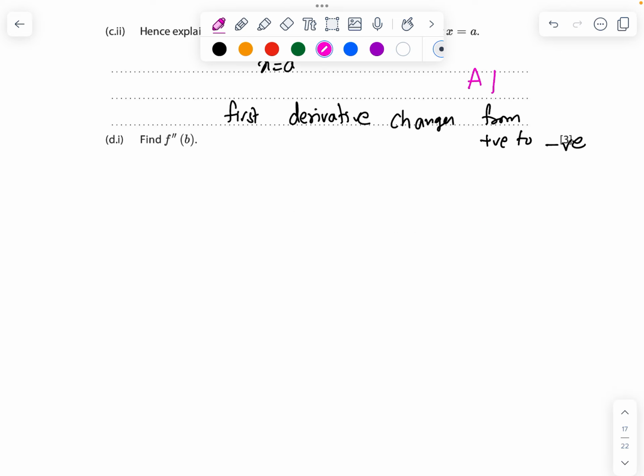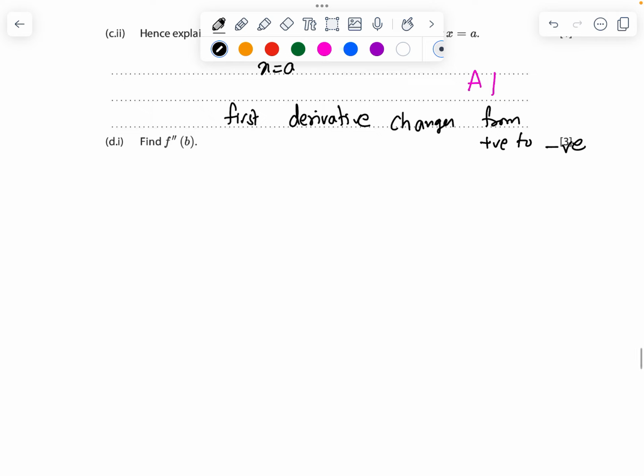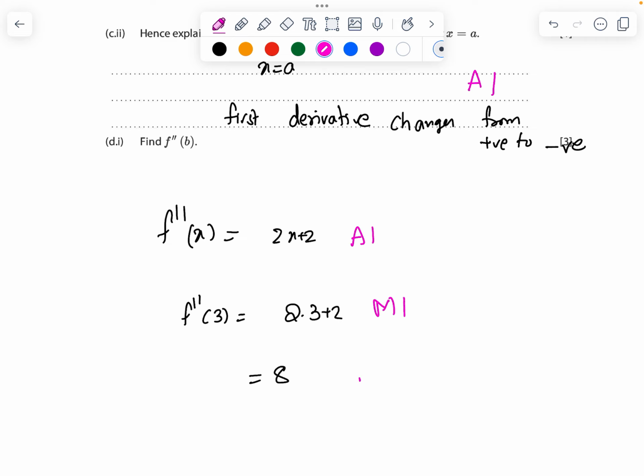Next, f prime of b. So f double prime of x will be equal to 2x plus 2. So f double prime of 3 will be equal to 2 times 3 plus 2, which is going to be 8. So it is going to be A1 over here, M1 and an A1.